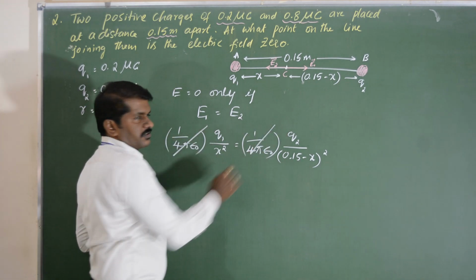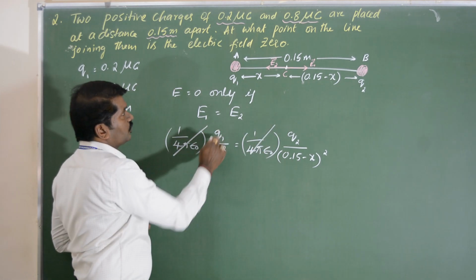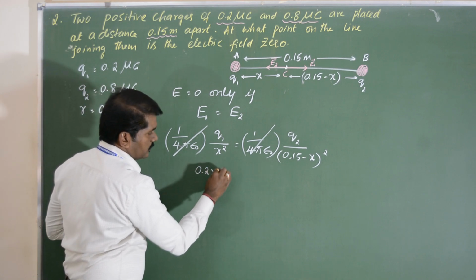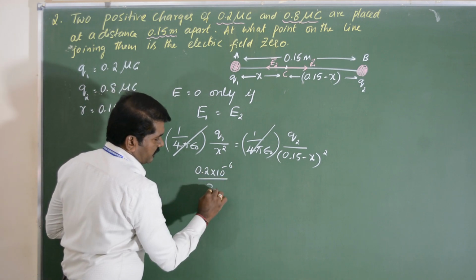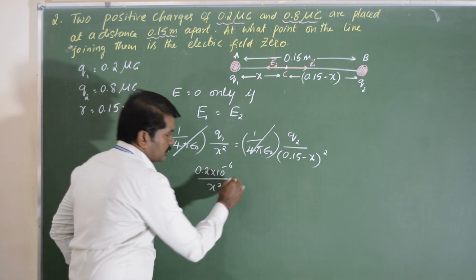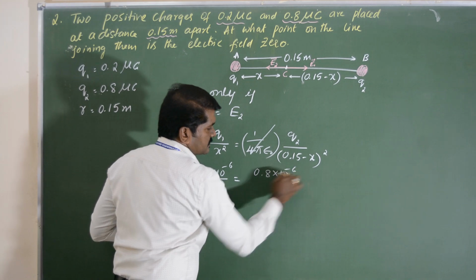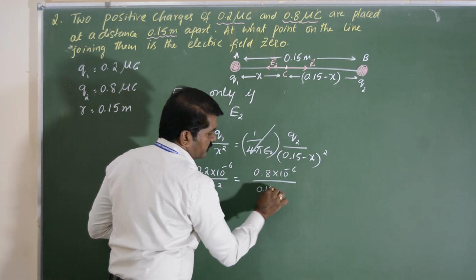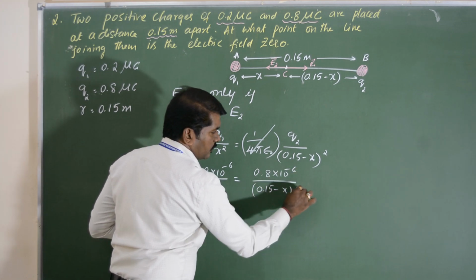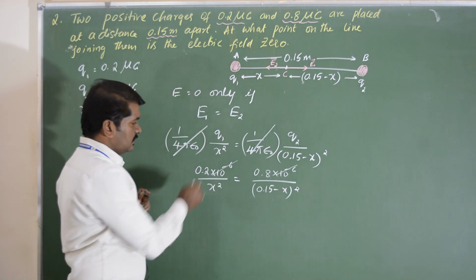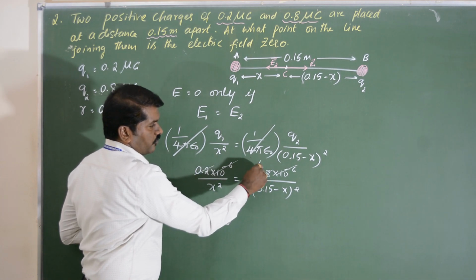This one and this one get cancelled. The value of Q1 is 0.2 × 10⁻⁶ divided by x², equal to 0.8 × 10⁻⁶ divided by (0.15 − x)². So 10⁻⁶ gets cancelled, leaving 2 and 8 terms.